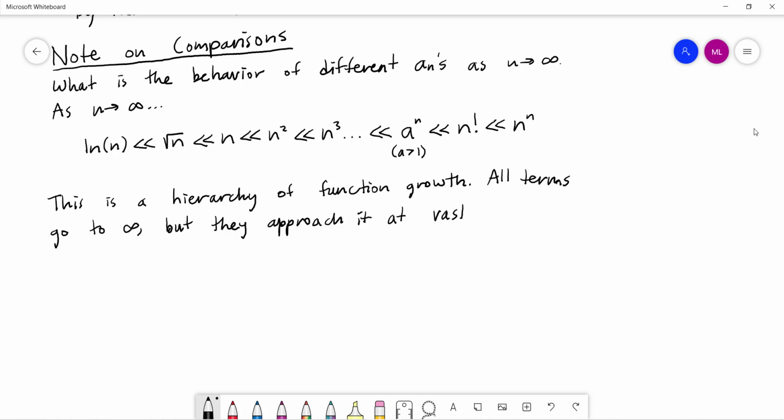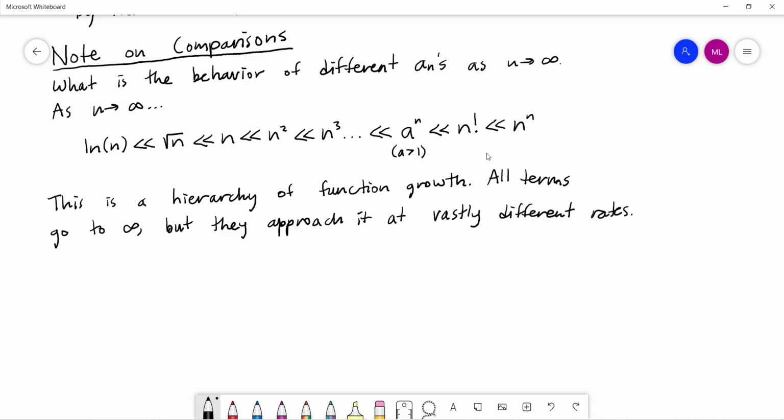And so again, this hierarchy that I've written here isn't in the book, but it's a really important thing to have in the back of your mind.